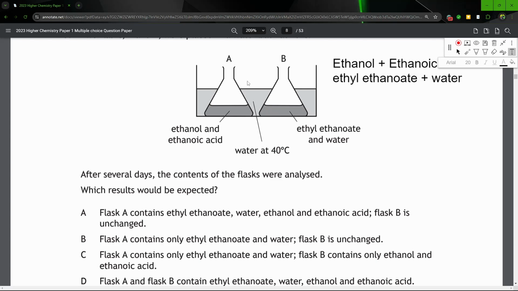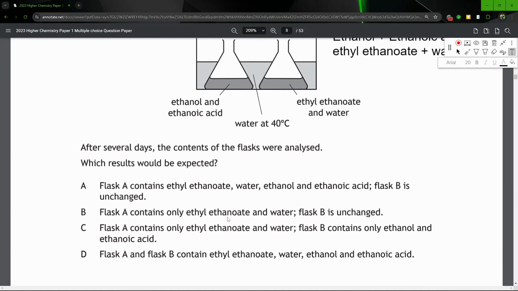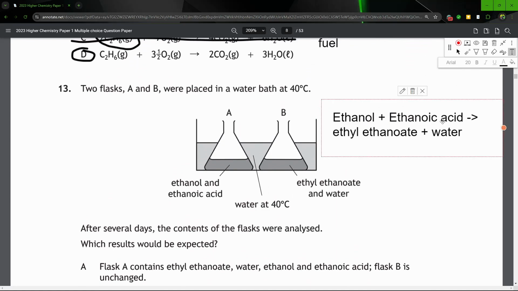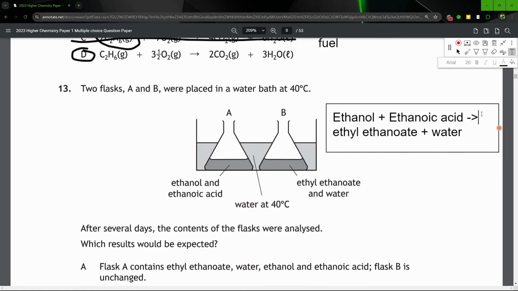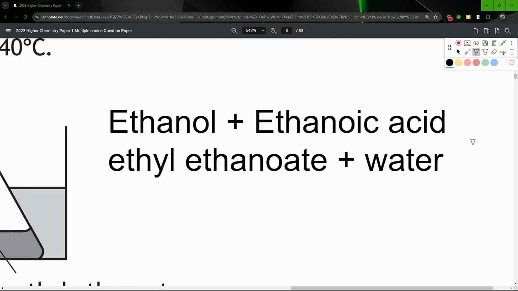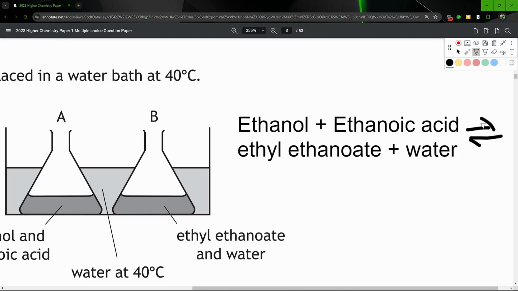You would think that flask A would slowly transform into ethyl ethanoate and water. But don't be fooled. Yes, you'd think it would be B, but remember, this reaction is actually a reversible reaction. You should see this symbol with 2 arrows.